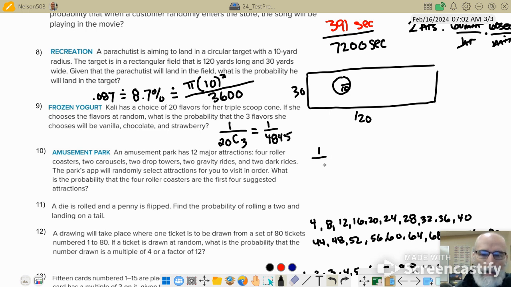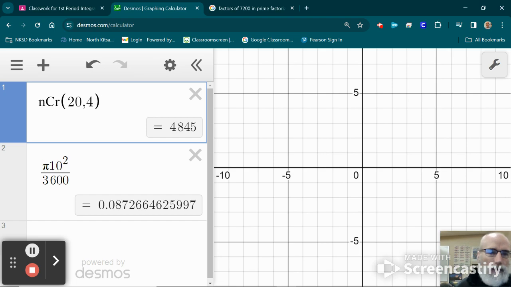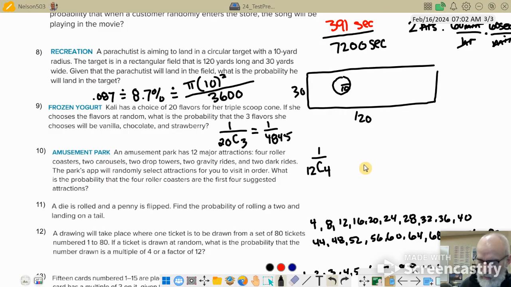You're happy with one group of 4, and you want to know out of 12 attractions, how many groups of 4 can you make? That's what choose is all about. It doesn't matter what order the people or the activities or the flavors of ice cream are in. You just want to know how many groups of 4 you can make out of them. So that's why I had 12 over here. So that's 495. So I go 1 over 495.